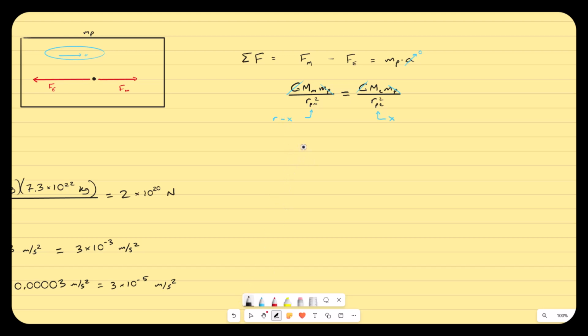So I'm going to put those values in. Mass of the Moon over (r minus x) squared equals mass of the Earth over x squared. And now all I have to do is solve for x.